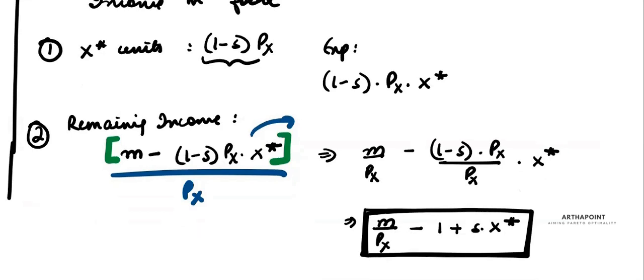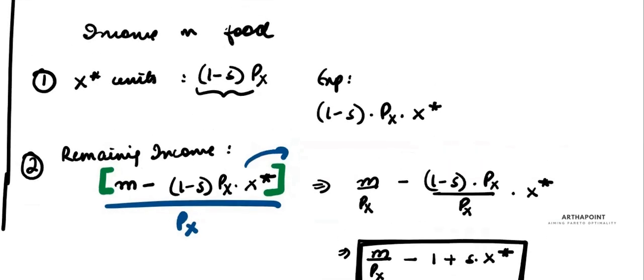So let's see what we have done. First of all, we are saying that he's spending all his income on good X, on food. Because he's spending all his income on food, that means he's buying more than X star units. He's able to buy more than X star units, which implies that the first X star units he's going to get at a subsidy.